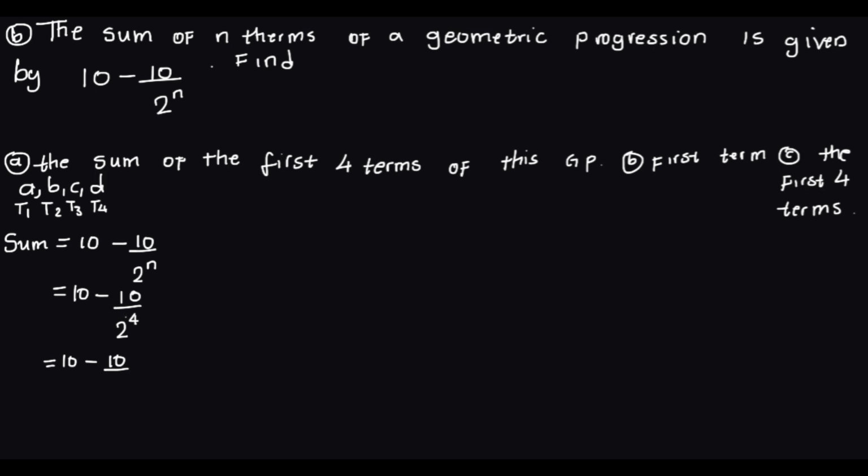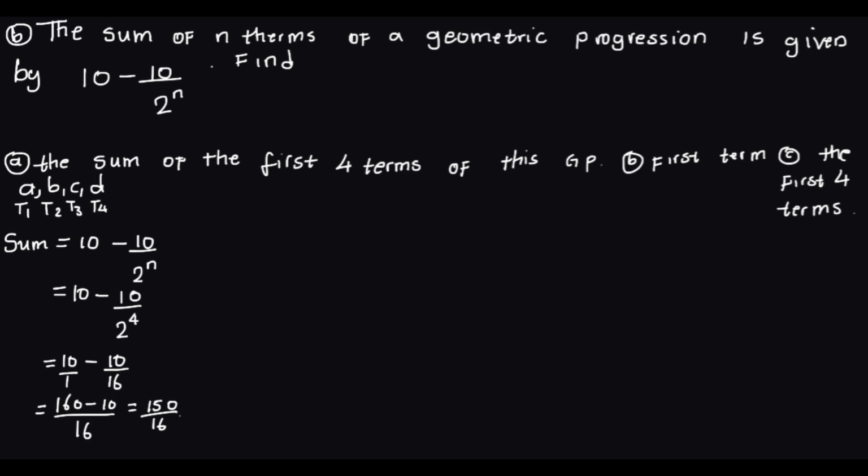So 2 times 2 is 4, times 2 is 8, times 2 is 16, so 10 minus 10 over 16. Let's find the lowest common denominator, so it's 16. 16 times 10 is 160, minus 1 times 10, that is 10. So 160 minus 10 is 150 over 16.